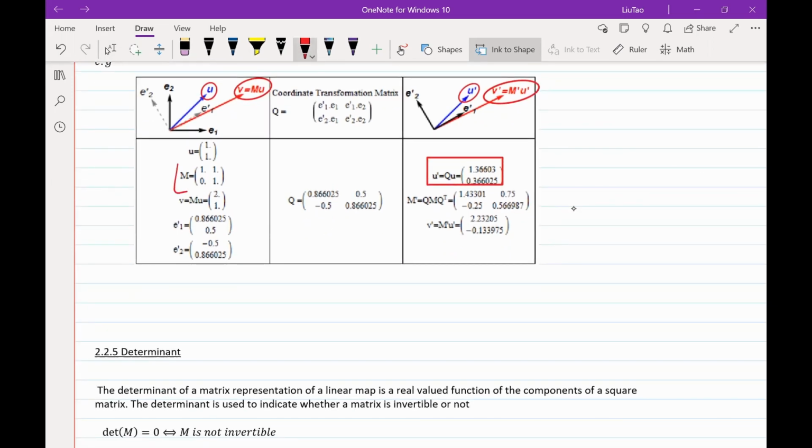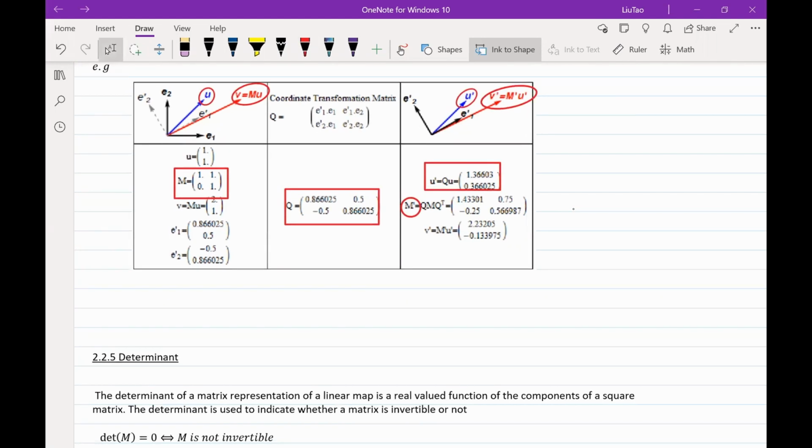Given the basis transformation matrix, we can find M prime, which is equal to Q times M times Q transpose.